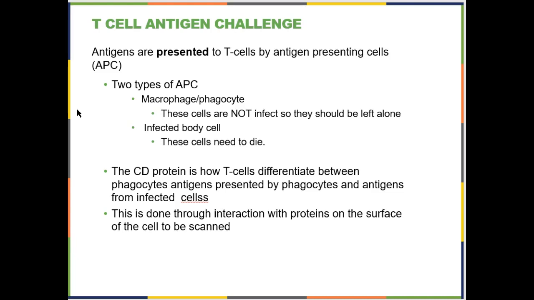We divide them into two groups: macrophages, which we want to remember are not necessarily infected, and infected body cells, which definitely have to die. And the CD protein is how the cytotoxic T cells differentiate between antigens presented by a macrophage and antigens presented by cells that are not macrophages and therefore might be infected.